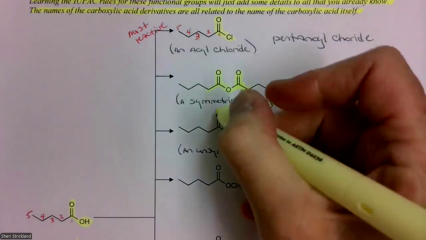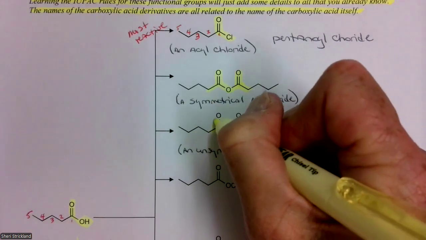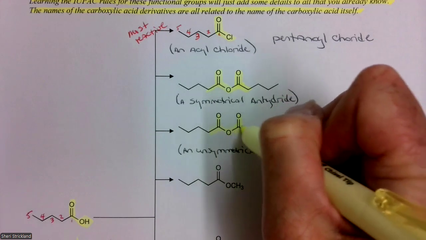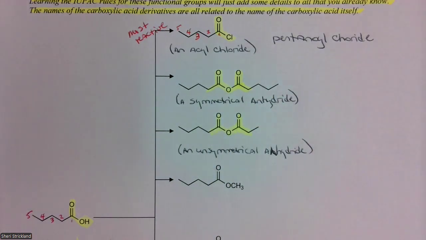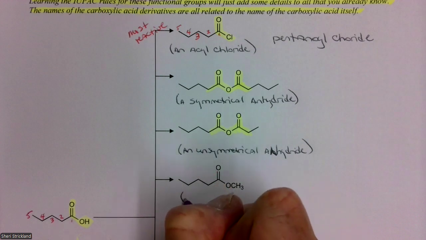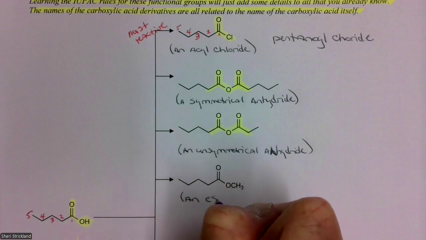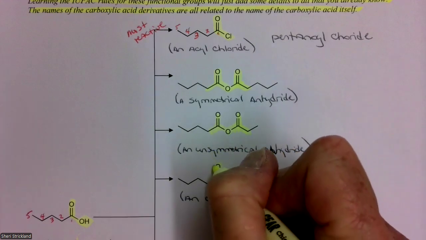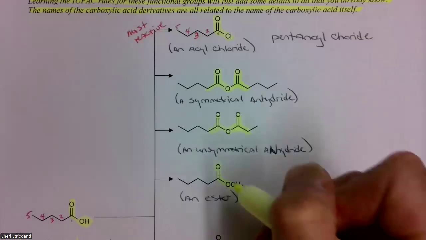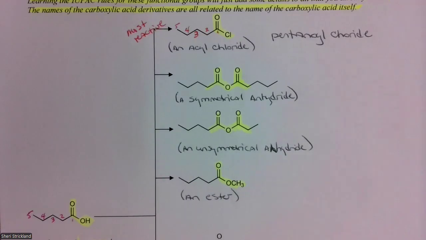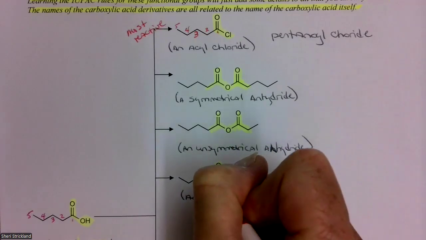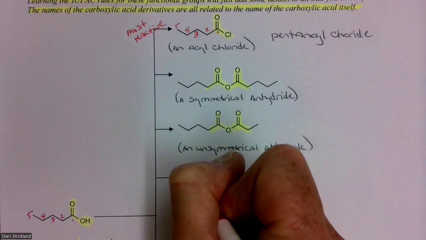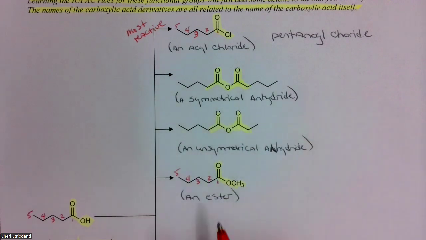Same functional group, but different alkyl groups. And then this guy here, we've seen some before. This is an ester. Okay, so we've got the functional group right here. And you'll see the numbering is very much the same. It starts with the carbonyl carbon.